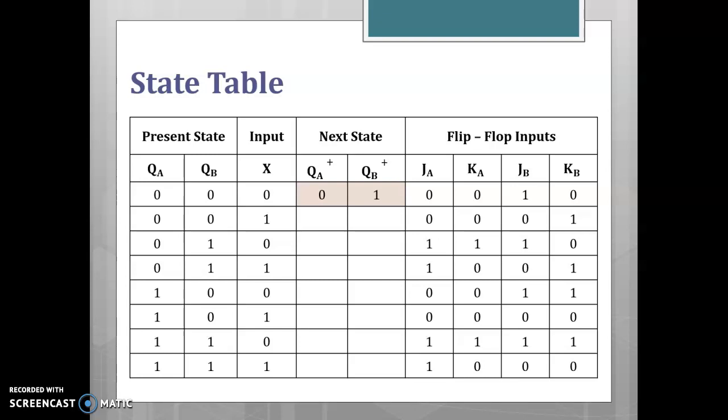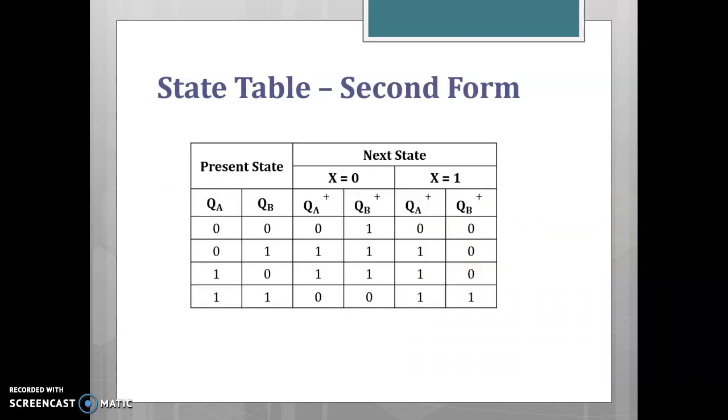So JB, KB is 1, 0. For 1, 0, the next state is 1. Similarly, fill all the remaining columns for all the possible combinations of the input and the state. So this is another form of representing the state table.